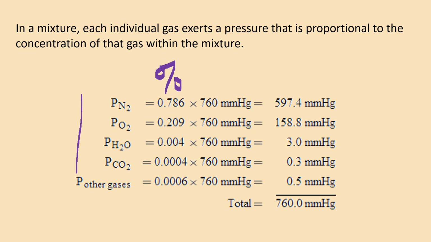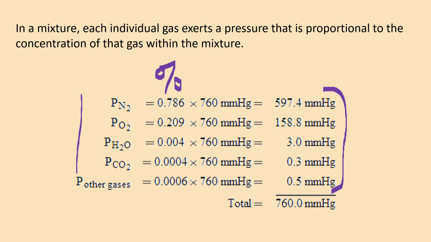And when we multiply that percentage by the total atmospheric pressure, we get the partial pressure for each of these gases. So the partial pressure of nitrogen in atmospheric air is 597.4 millimeters of mercury. So of that 760 total atmospheric air pressure, 597.4 millimeters of mercury are attributed to the pressure generated by the molecules of nitrogen.